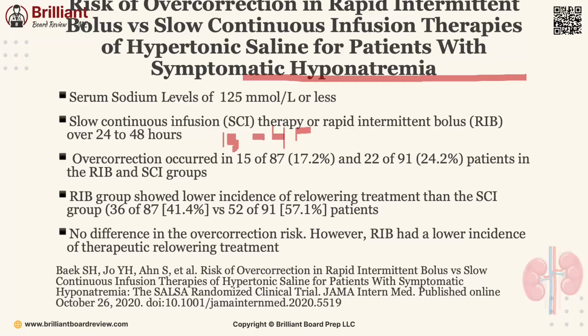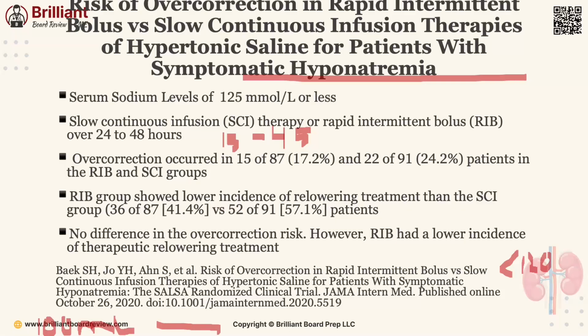Or if someone is less than 120 and you're seeing signs of seizure, you can do boluses, usually 100 milliliters of 3% over 10 minutes, and you can usually give 3 boluses of this.